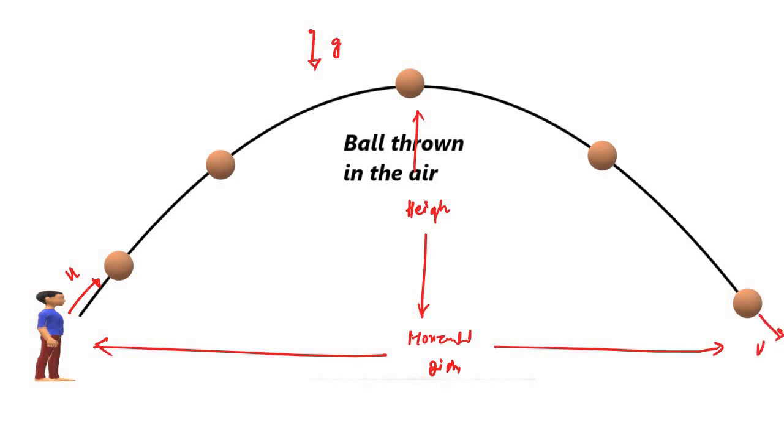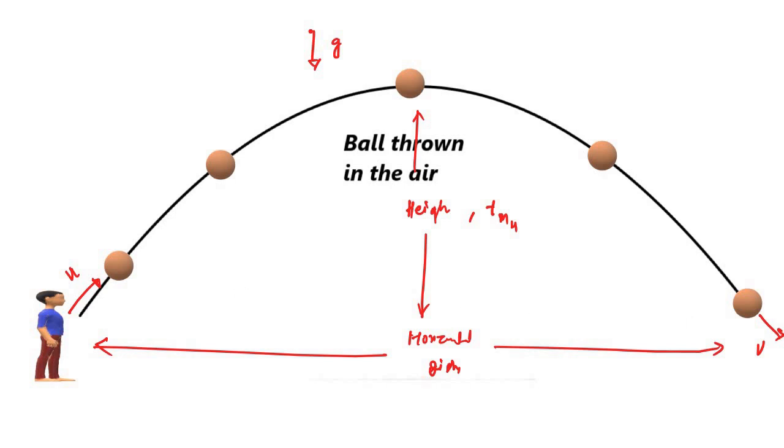So a lot of factors are there. Let's say the time taken for the ball to reach the maximum height, then the time taken for the ball after it's projected to hit the ground, all of that will be there.